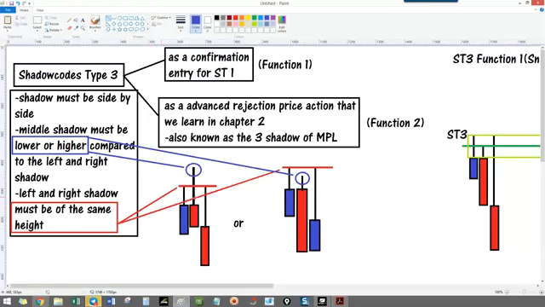I do not say it must be of how many pips. It can be higher than the left and right, or lower. If it does not have any shadow, we remove that. But if it has 1 pip of shadow, we take it as a ST3.